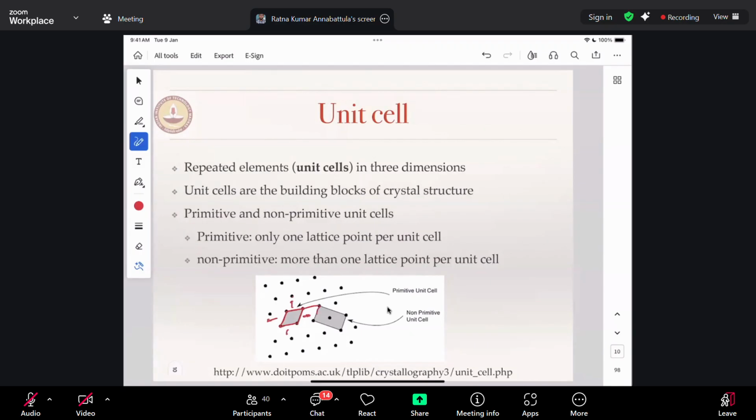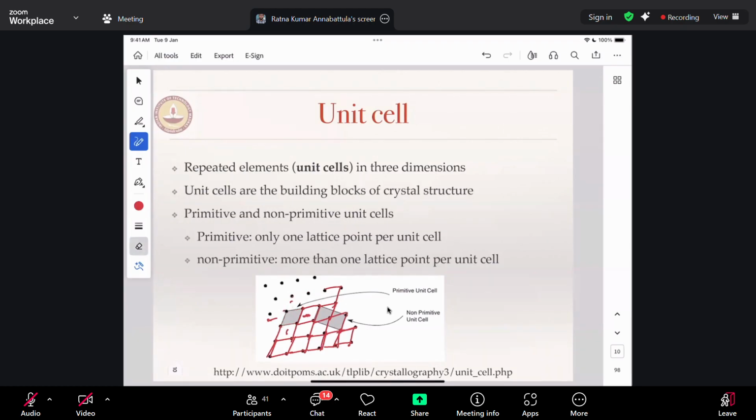So in order to generate this crystal, this is a lattice point, and when connected with these lattice points is my unit cell.